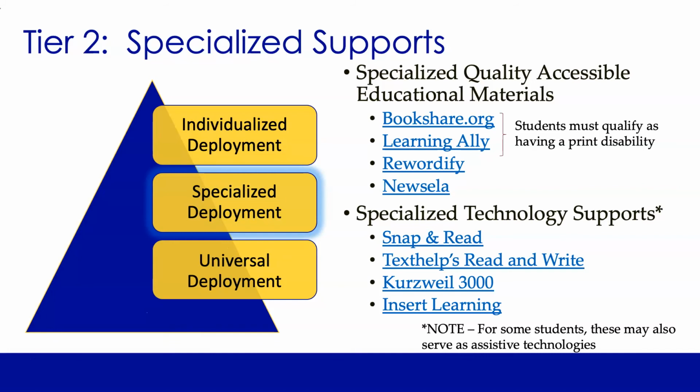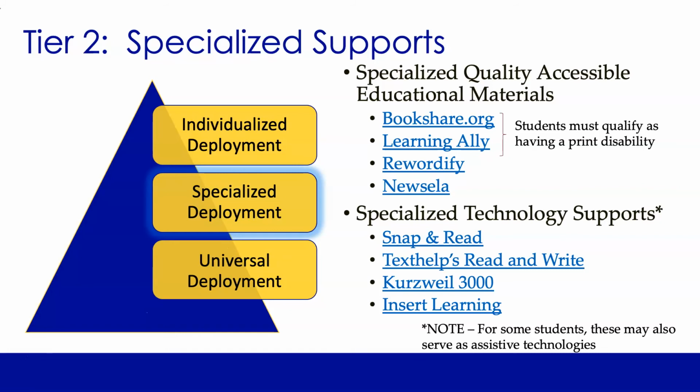It also allows them to do things like highlighting or looking up definitions or gaining alternate ways of presenting that text, either by modifying the size or the contrast, or by even putting it into different languages. Kurzweil 3000 offers similar support.